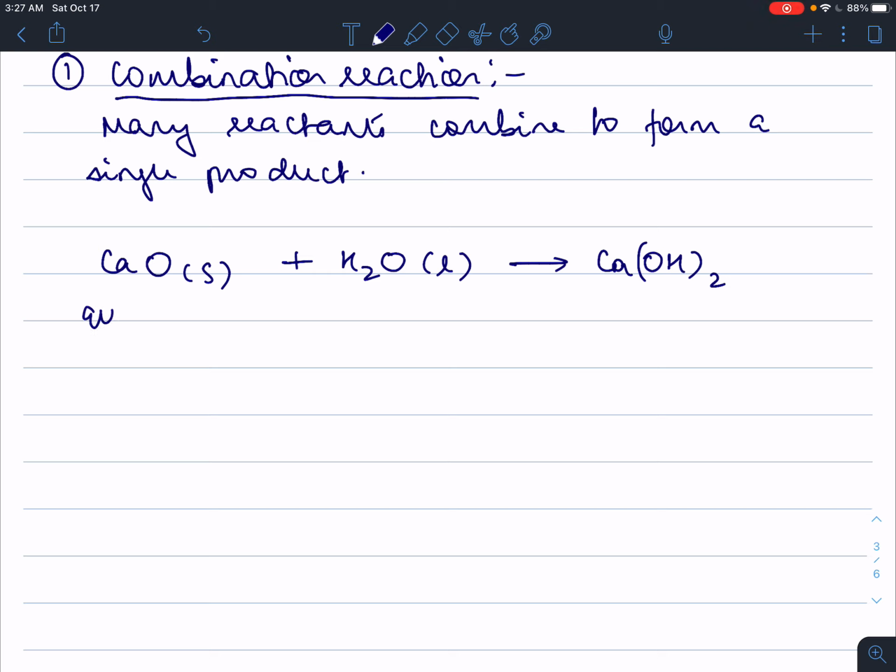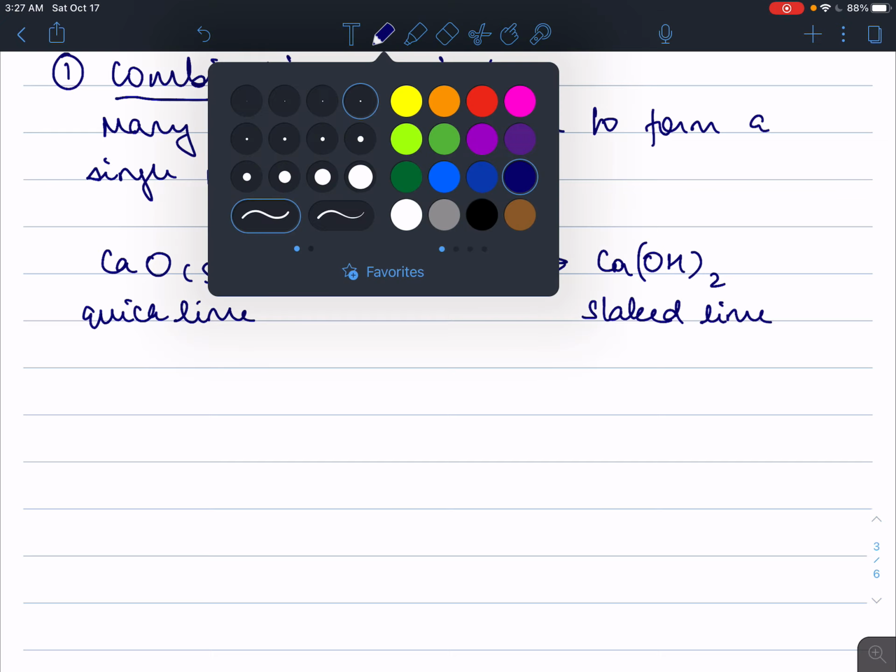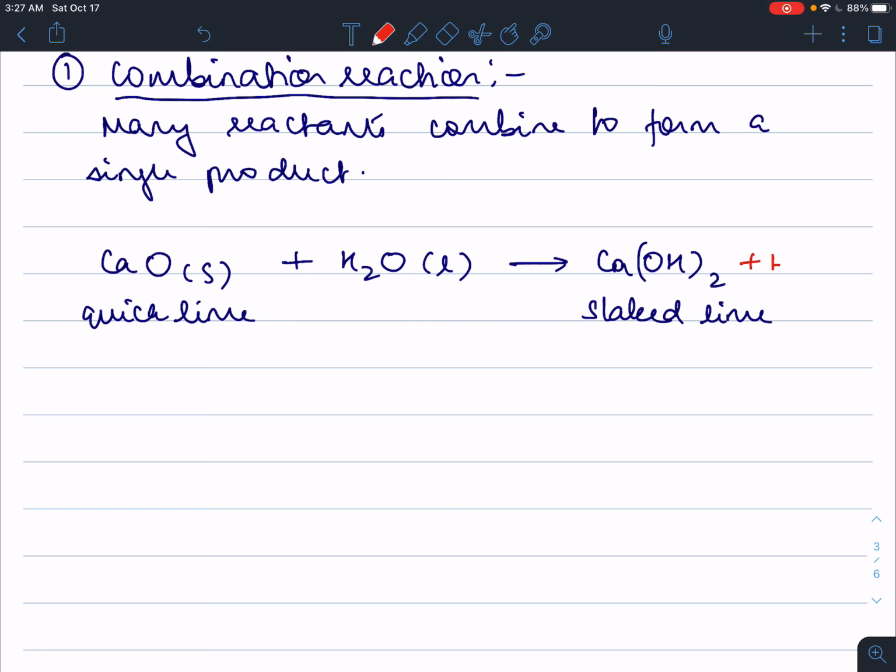Calcium oxide is also called quicklime, and calcium hydroxide is called slaked lime. Just common names that you can keep in mind. Now, another thing that you can see in this reaction is you get heat. So this is an exothermic reaction.